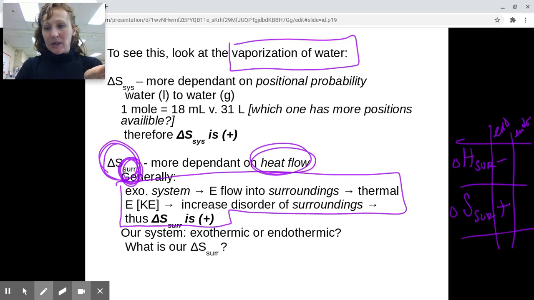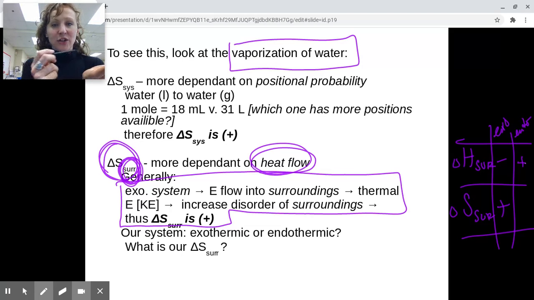Enthalpy is going to be positive because heat is flowing into your system, into your ice cube, out of the surroundings. Entropy, on the other hand, your hand is the surroundings.